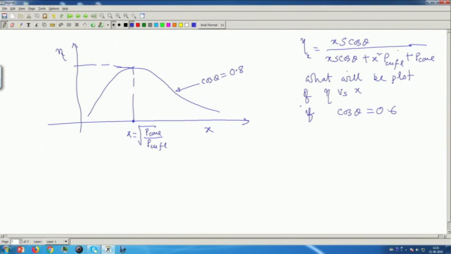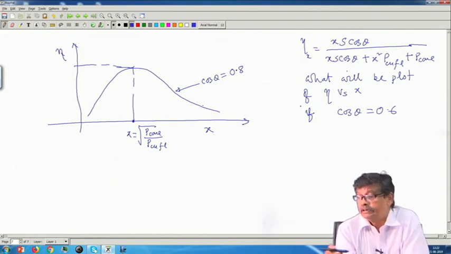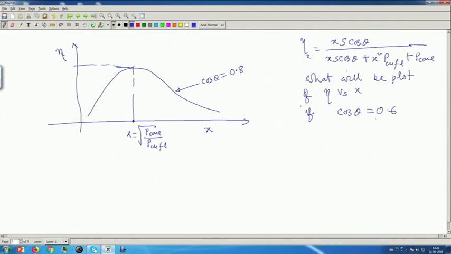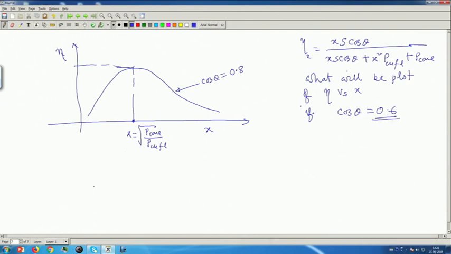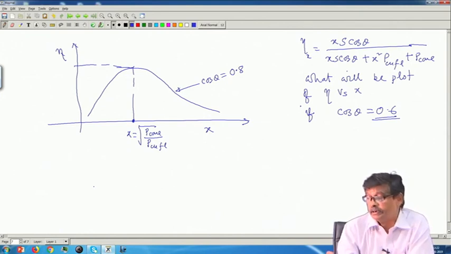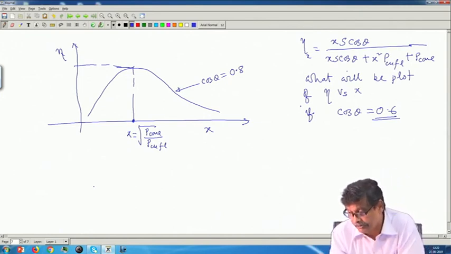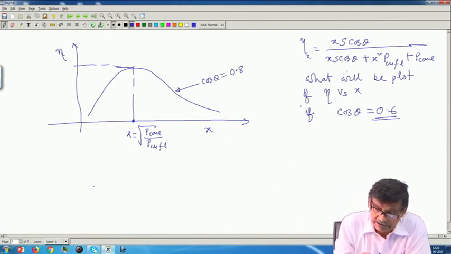Are you getting? Now, what I am telling, for a particular power factor, this is the nature of the curve. Where it will be, I am not yet very clear about that, but about one thing I am clear. If you repeat the same plot with cos theta equal to 0.6, I am sure about one thing: the load at which the maximum efficiency will occur when cos theta equal to 0.6 will once again be this point only.